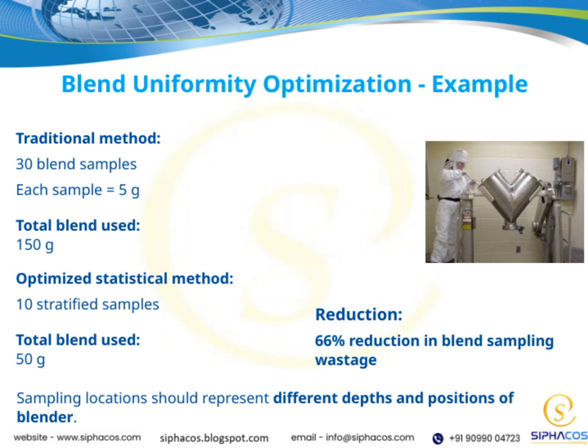The total blend used drops to just 50 grams. This approach not only maintains the accuracy of our quality checks, but also makes the process much more efficient and cost-effective. It's a great example of how applying proper sampling strategies can improve overall process efficiency without compromising quality.